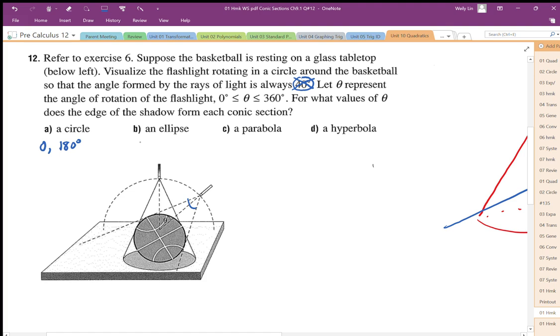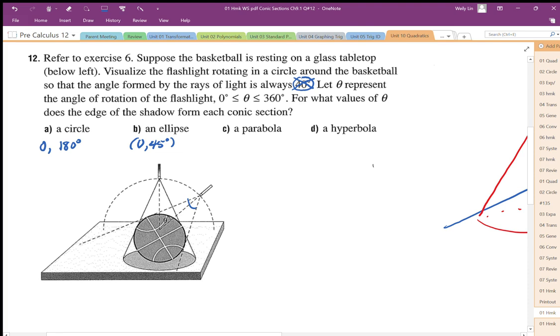So from 0 to 45 degrees, I'm just going to write like this, 0, 45. In that domain, we're going to have an ellipse.